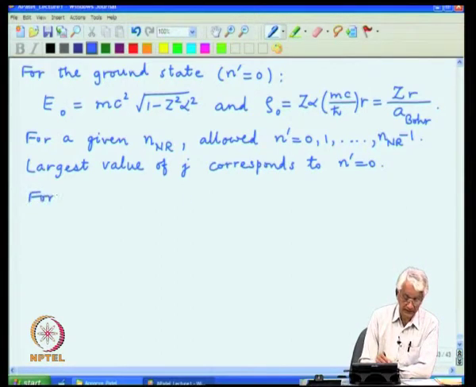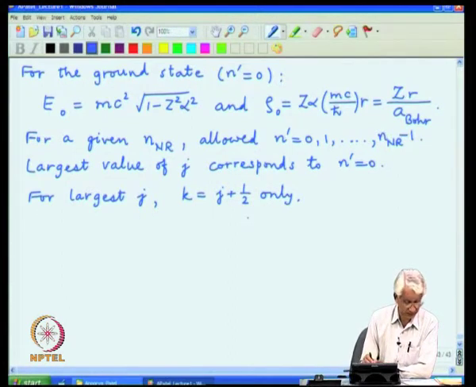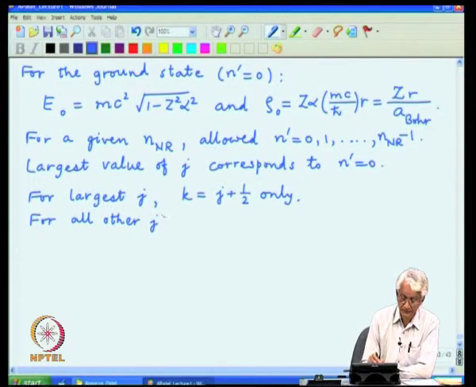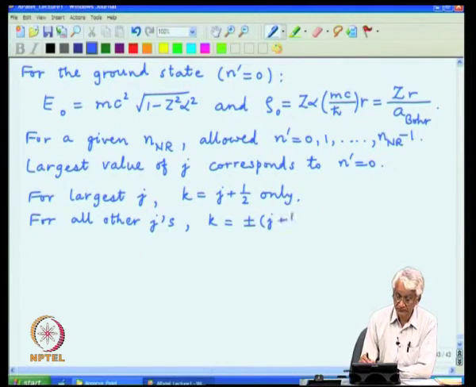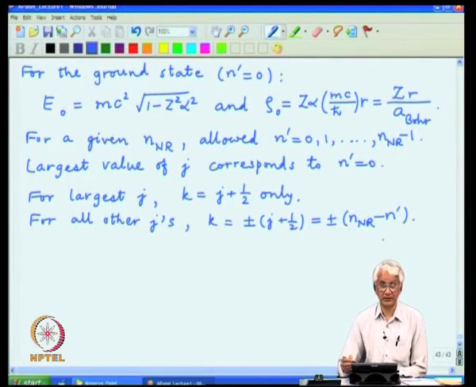So, for largest j, it turns out that k only takes one particular value, and for all the other j, k takes both the values, which can be written as follows, and this will now count all the allowed degeneracy of the various states correctly, how the different values of L and S combine with each other.